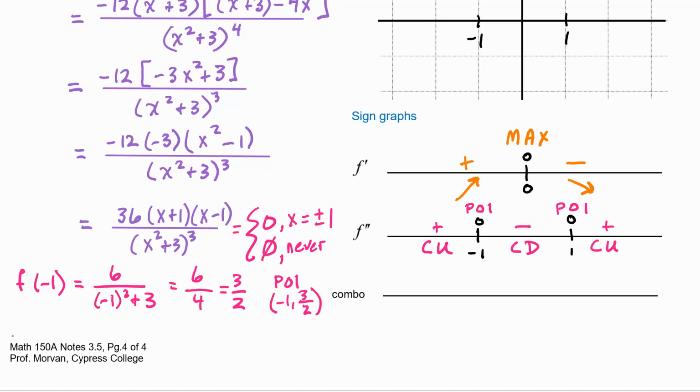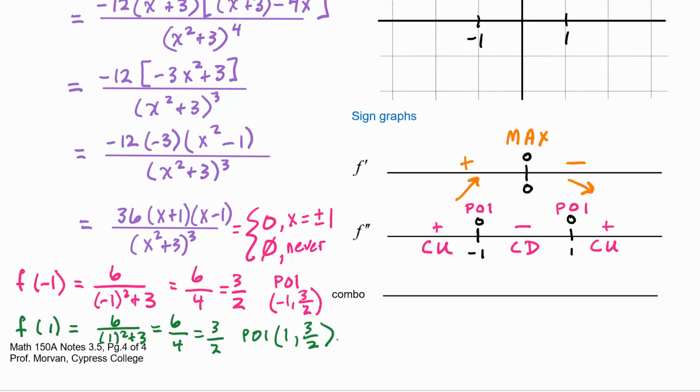We also have to plug in f of positive 1, which is going to be 6 over 1 squared plus 3, which is 6 over 4, which is also 3 halves. So there will be a point of inflection at positive 1, 3 halves as well.